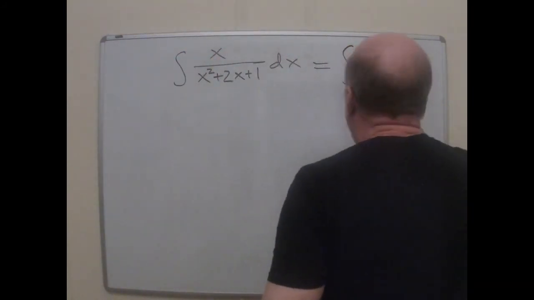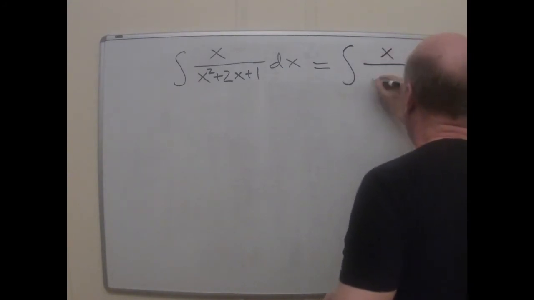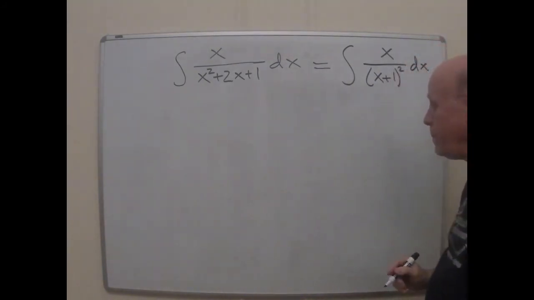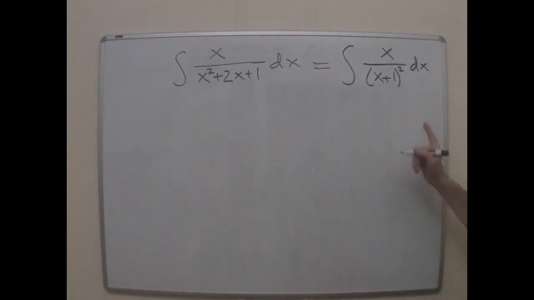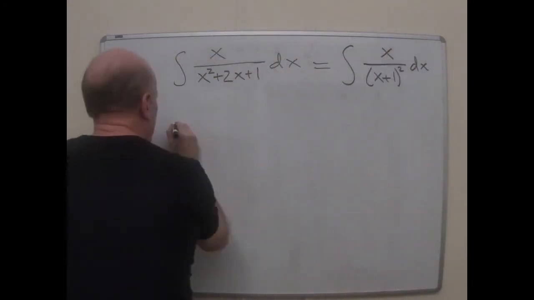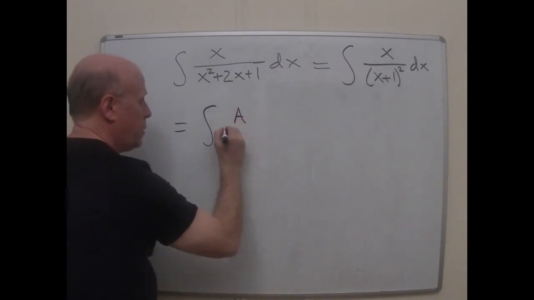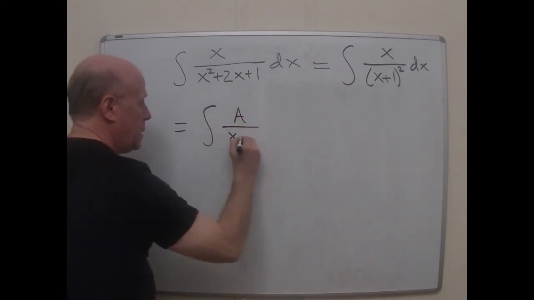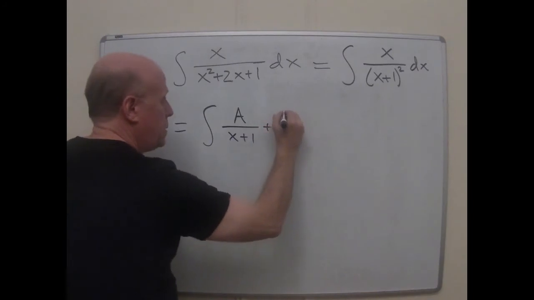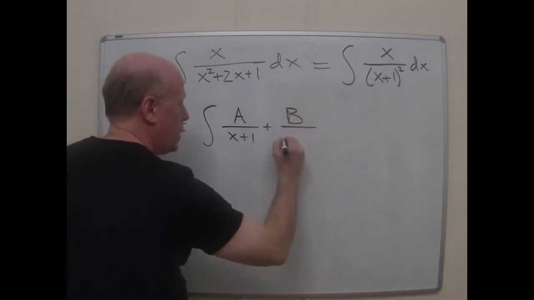So what we've really got is x over (x plus 1) squared dx. So the partial fractions decomposition, when you have a repeated factor like that, is that you can replace the integrand with something over x plus 1 and something else over (x plus 1) squared.